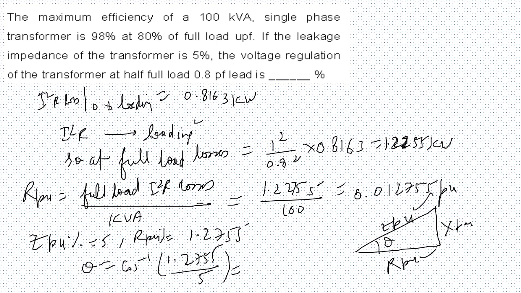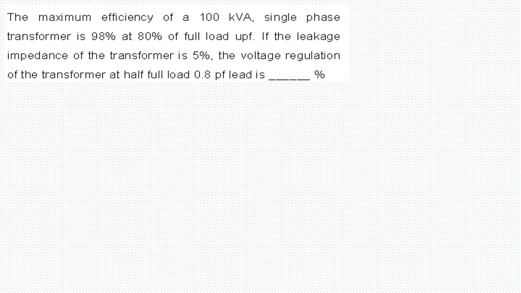If you calculate this angle, it comes out to be 75.22 degrees. Now you have your theta, and we know what our phi is. Phi is minus cos inverse 0.8, which comes out to be minus 36.86 degrees.